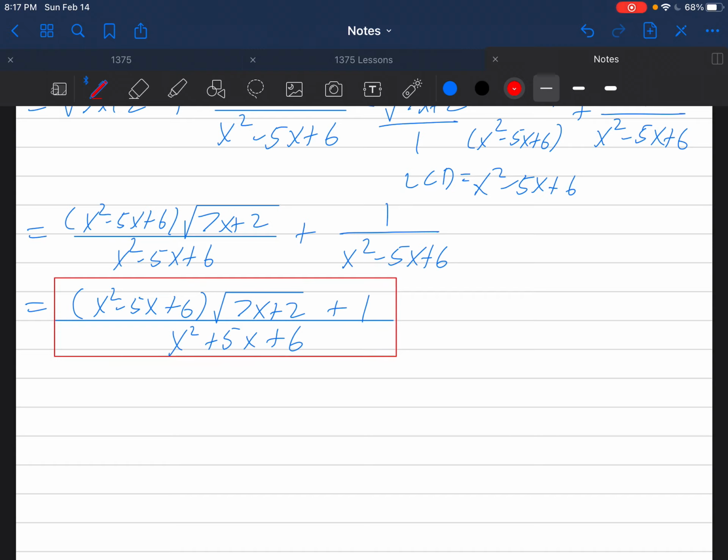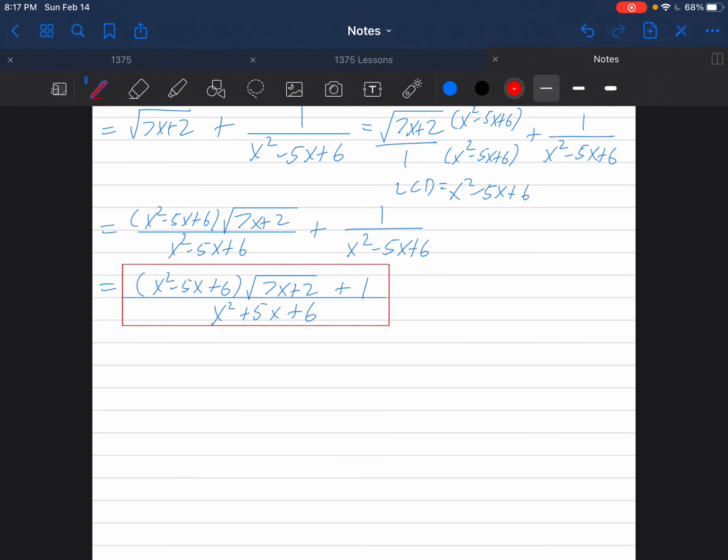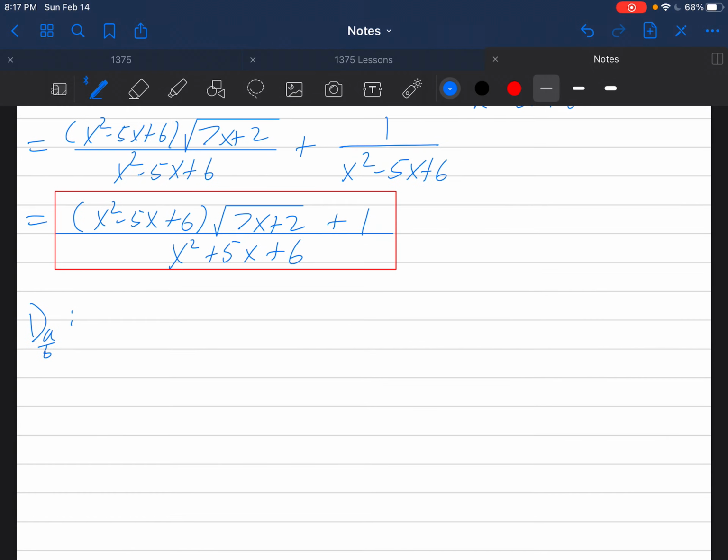Let's find the domain of this function. Now, what kind of function is this? The first thing that we can spot is that it's a rational function. And remember the rule of a rational function, x squared plus 5x plus 6, which is the denominator of this function, cannot equal 0.